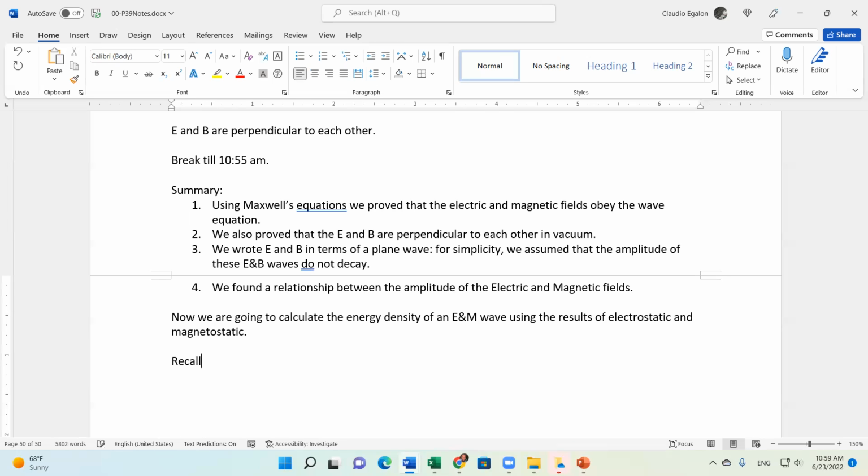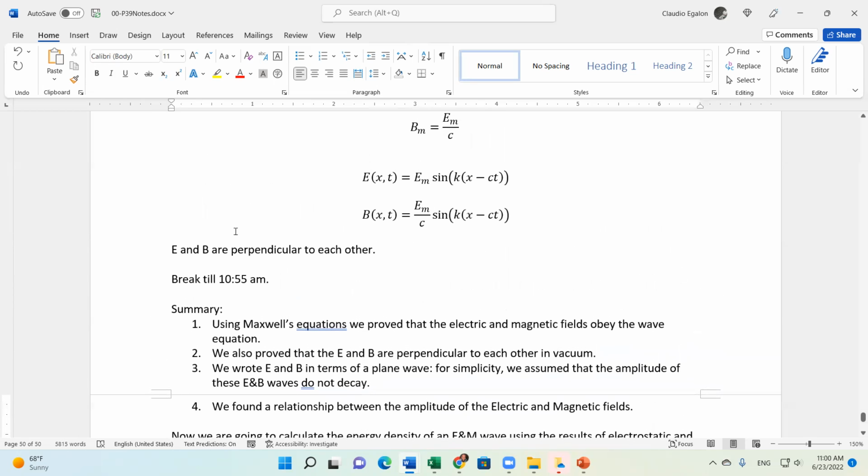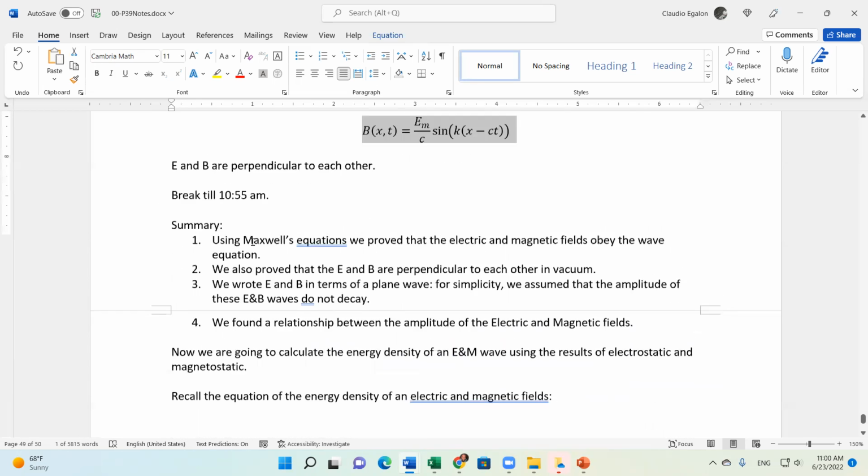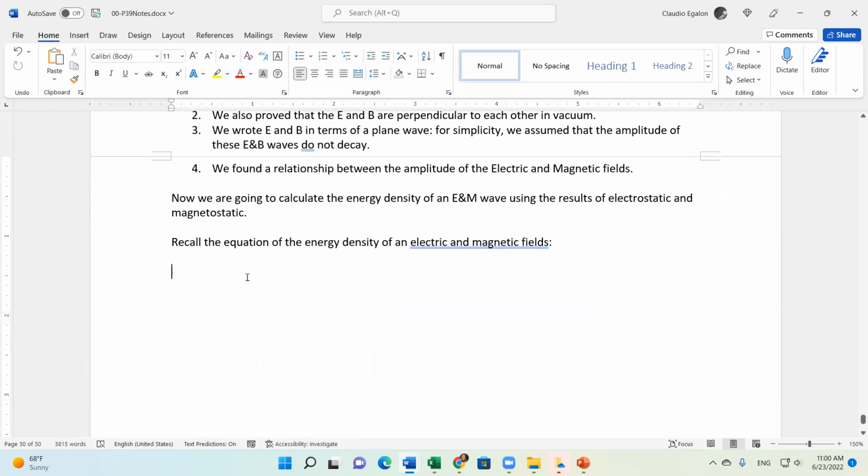Just recall the equation for the energy density of the electric and magnetic fields. Do you remember the equation? Here you go. I'm going to refresh your memory. It's not difficult to memorize.